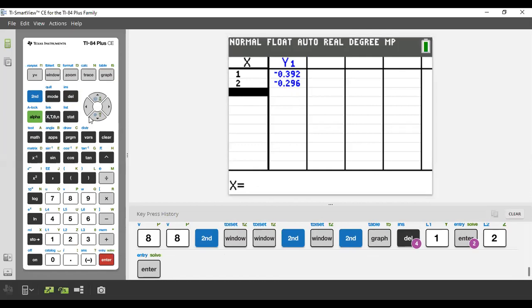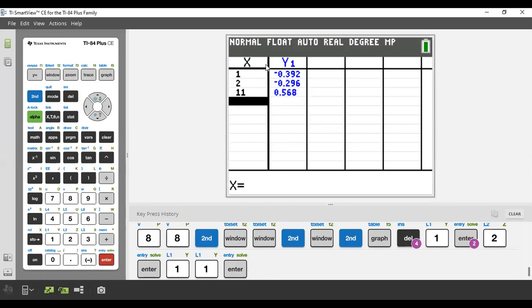All right, now I'm going to jump from 1 year to 11 years, and I want to see what happens there. So look, it goes from negative 39 cents to about 57 cents. So that is about 96 cents difference in 10 years.